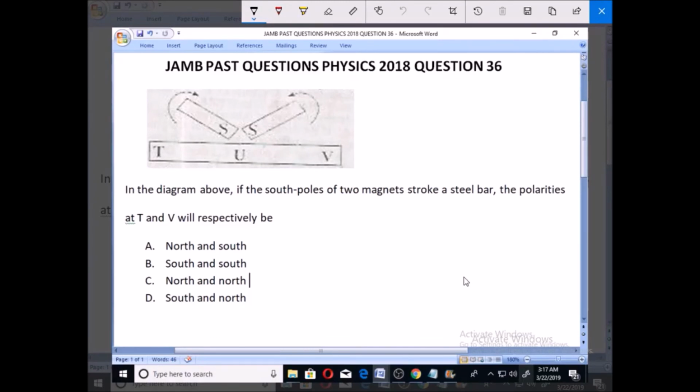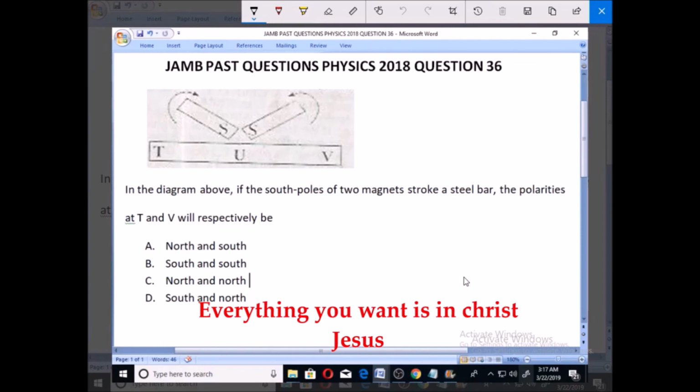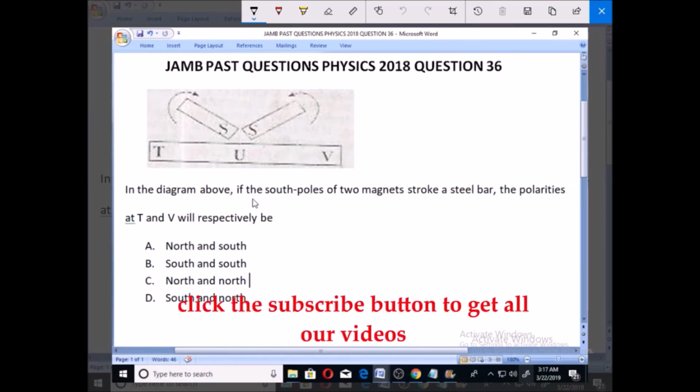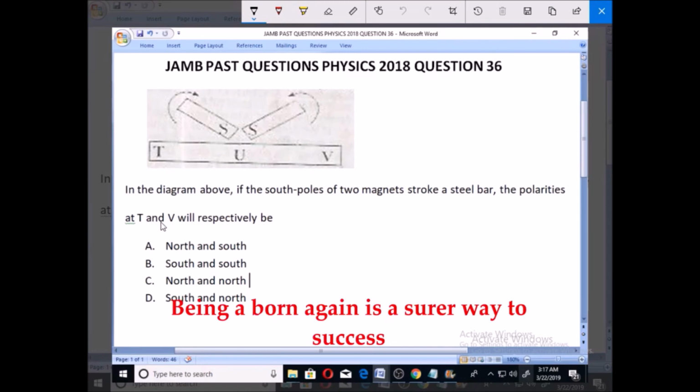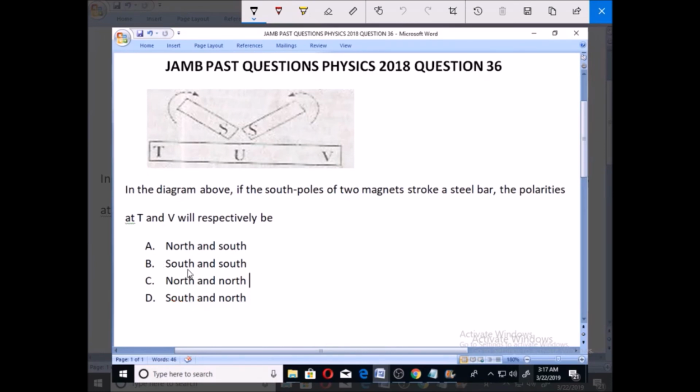Let's look at question number 36 of the JAMB past question, Physics 2018. In the diagram above, if the south poles of two magnets stroke a steel bar, the polarities at T and V will respectively be: A. north and south, B. south and south, C. north and north, D. south and south.